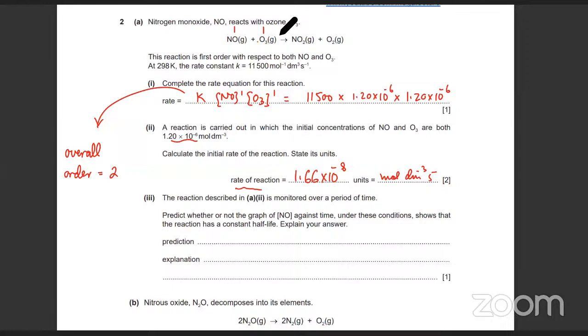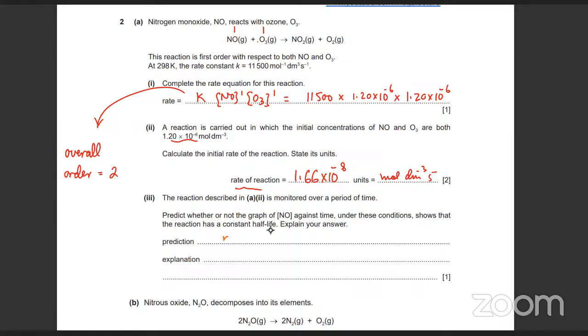Or remember, if he had said that O3 was in excess, then I would have treated the rate graph as a first order reaction because then only NO would be playing a part and NO's order is 1. Only this part would be affecting the rate. So predict whether or not the graph against time under these conditions shows that the reaction has a constant half-life.